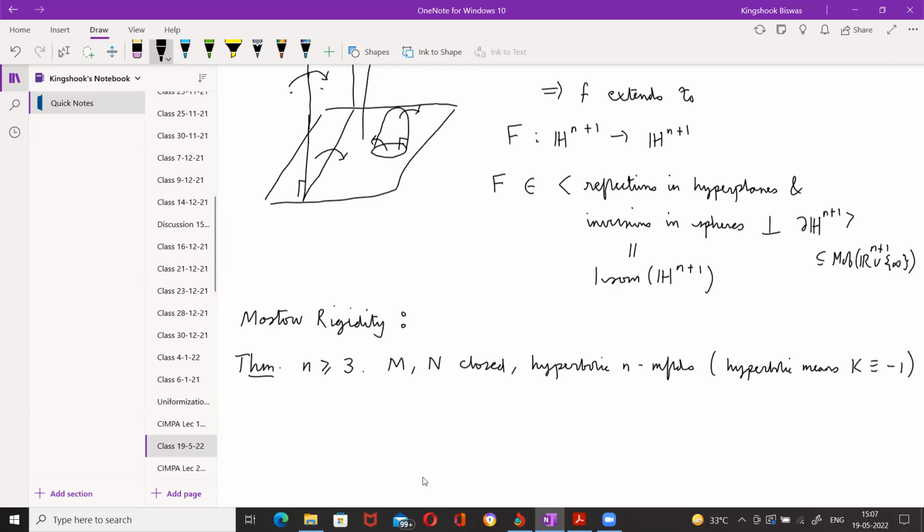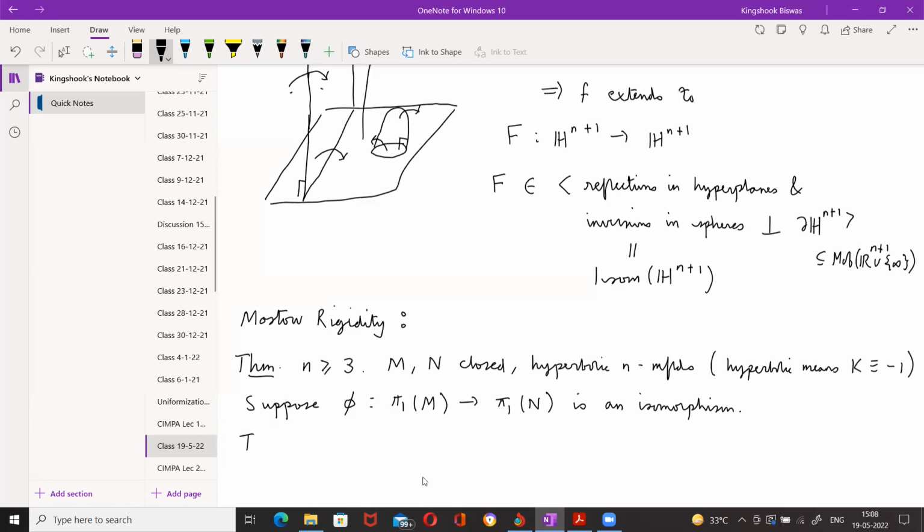All right. And suppose that phi is an isomorphism between the fundamental groups of M and N. Okay. So suppose these have the same fundamental group. Then the Mostow rigidity theorem says that actually they are isometric.